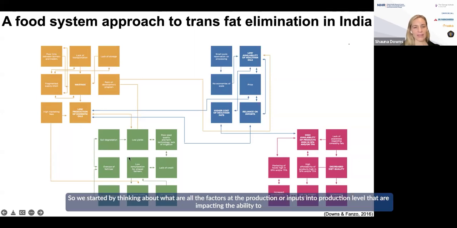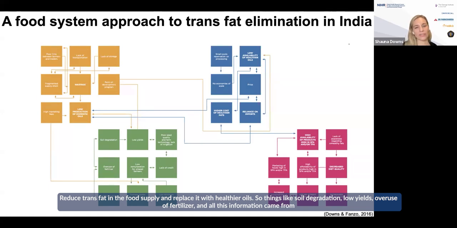So we started by thinking about what are all the factors at the production or inputs into production level that are impacting the ability to reduce trans fat in the food supply and replace it with healthier oils. So things like soil degradation, low yields, overuse of fertilizer, and all this information came from doing document analysis.